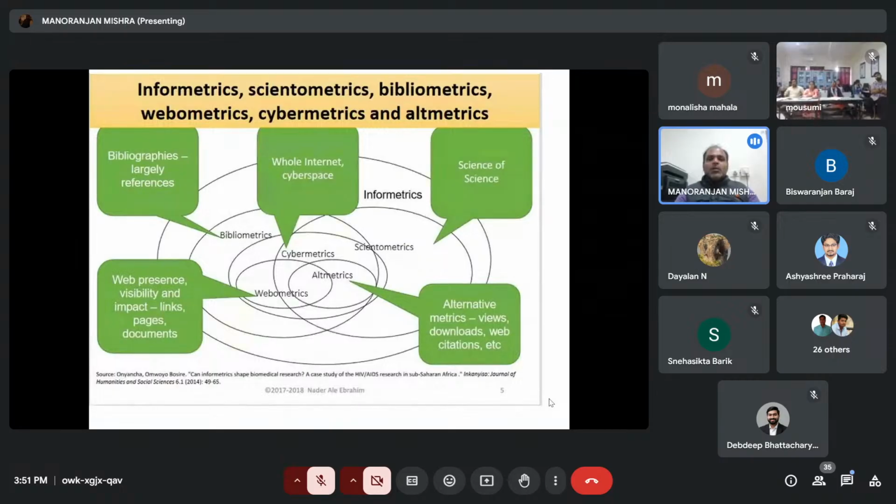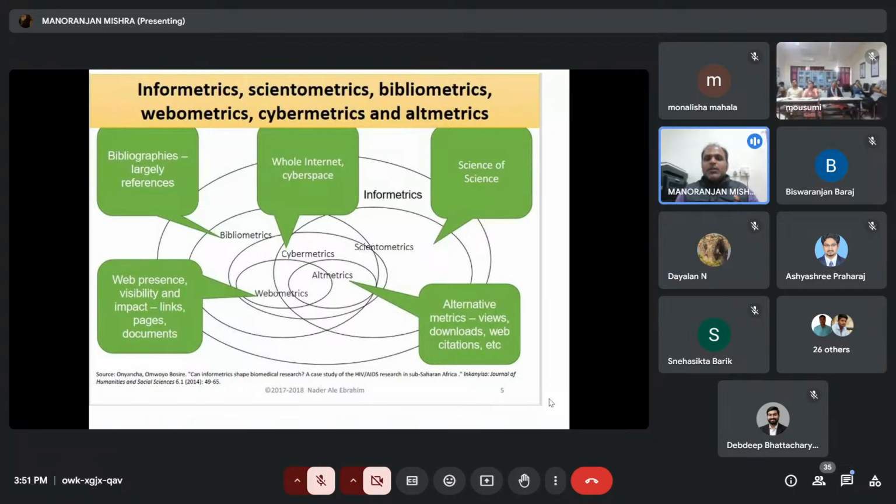So there are a number of other terms being used right now. You can check informetrics, scientometrics, bibliometrics, webometrics, cybermetrics, altmetrics. These are all kinds of metrics which are available. When you talk of bibliography, it is largely reference. When you say cybermetrics, that is the whole internet cyberspace.